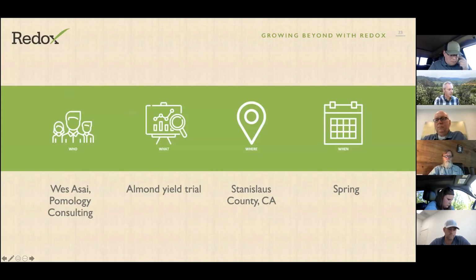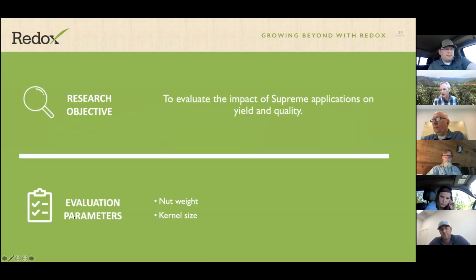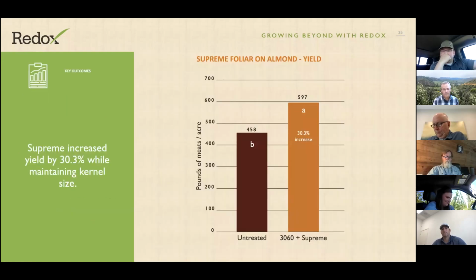Applications were made in the springtime, and the evaluation parameters were nut weight and kernel size in this example. There were 3 applications applied on this trial as well. And what we saw was an increase in yield by 30.3%.